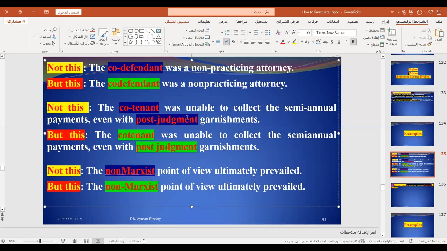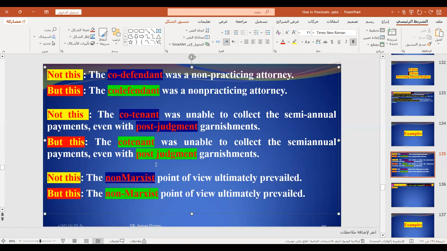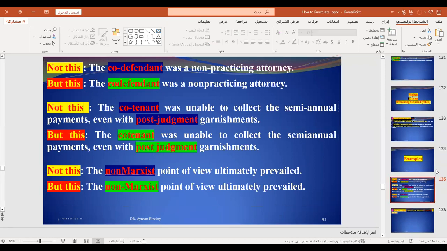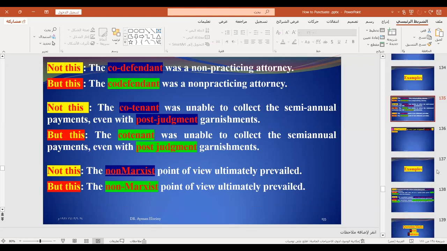Co-tenant, post-judgment: in such words, I must not use a hyphen in such cases. Non-Marxist: use a hyphen here.